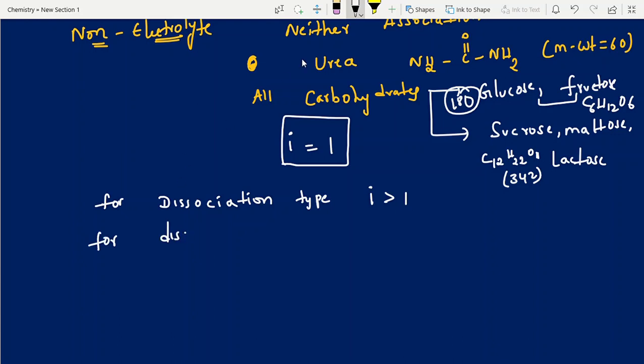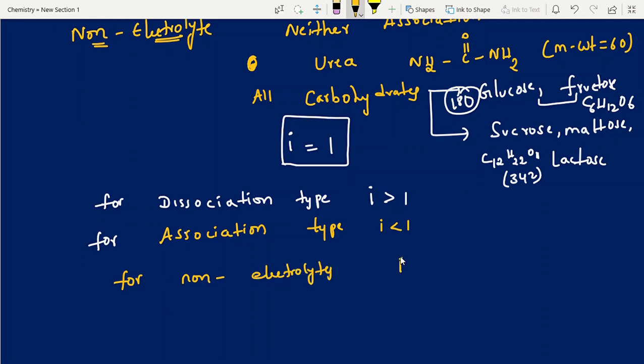For association type particles, what happened? It is i less than 1. Next one, for non-electrolytes, i equals 1. So important data.